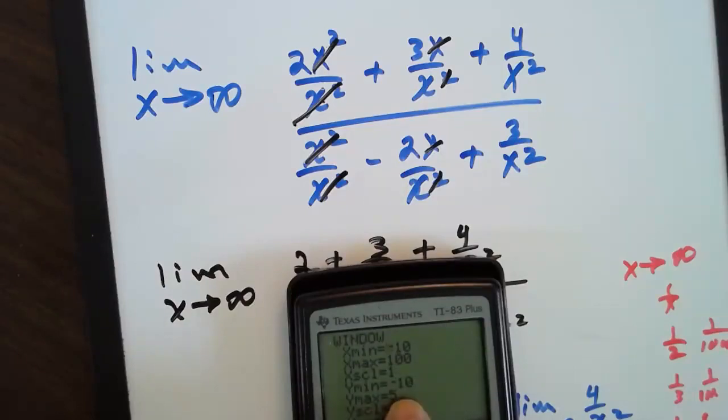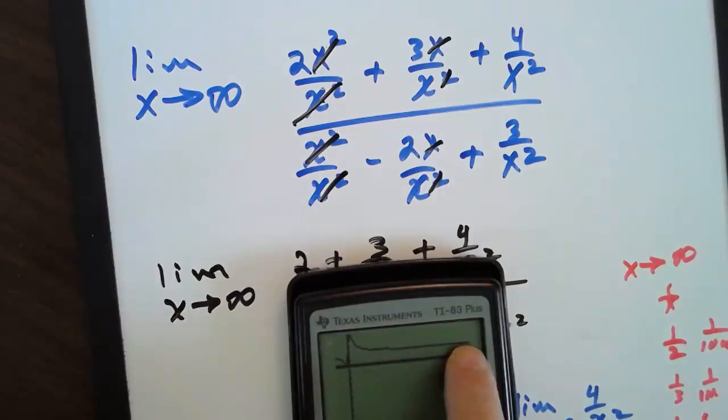I put Y max at 5 and X max at 100 to get a clear picture. Here's 1, 2, and you can see that the graph is tending to 2. That limit is tending towards 2 as x gets larger and larger. So it shows graphically at 2.